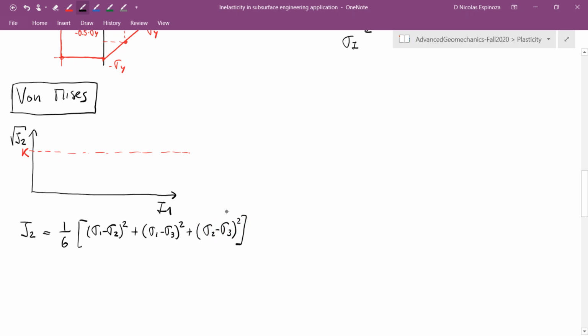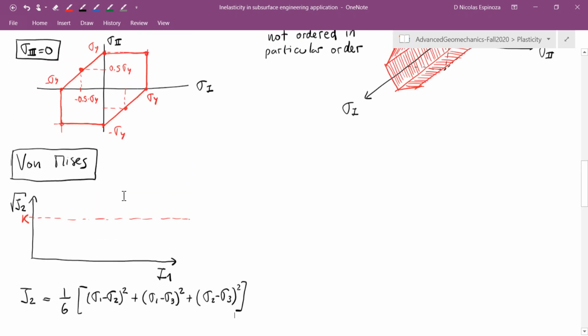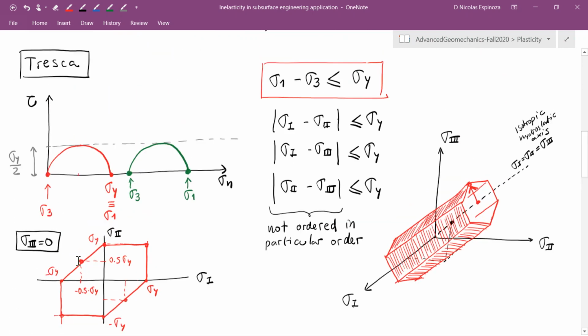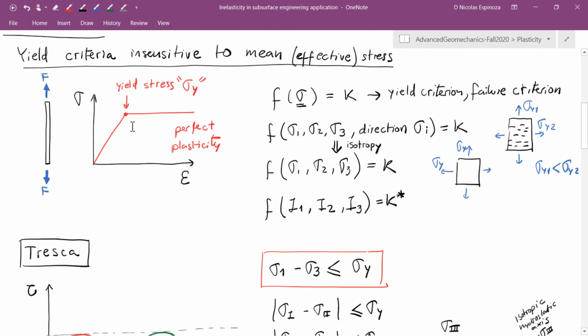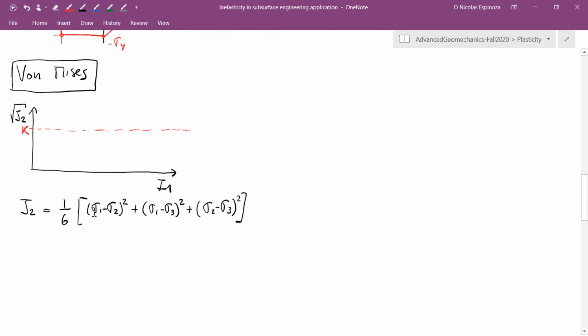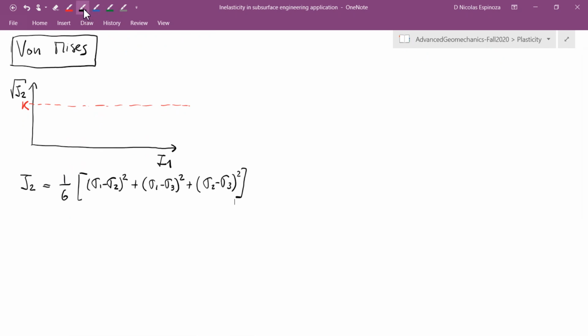And I can define what is going to be this value k for von Mises using the same kind of experiment that I did before, where in a typical pulling experiment, the maximum stress, the yield stress, is going to be sigma y, and at those conditions, let's say that sigma 1 is going to reach the maximum value, and sigma 2 and sigma 3 are going to be equal to 0.